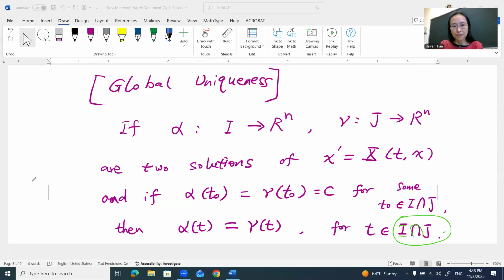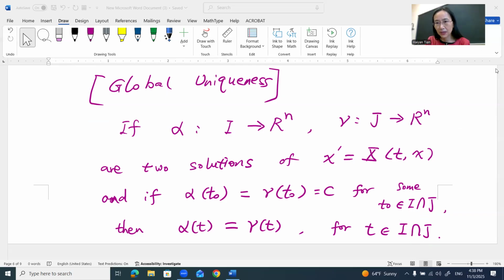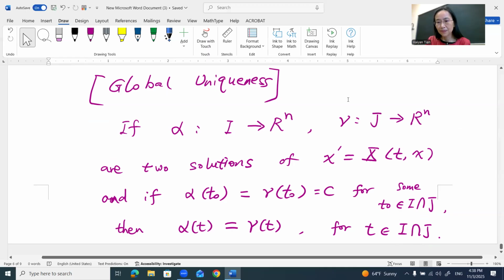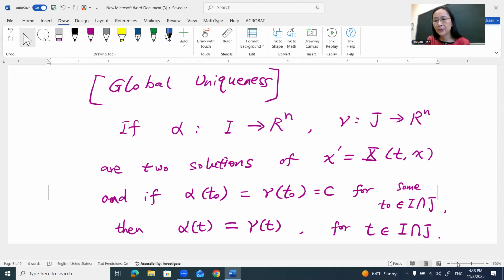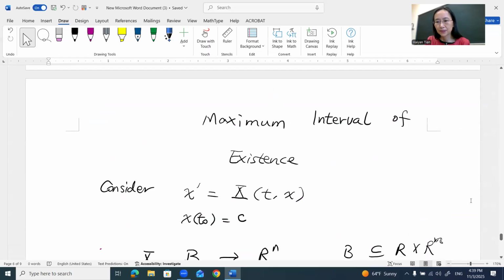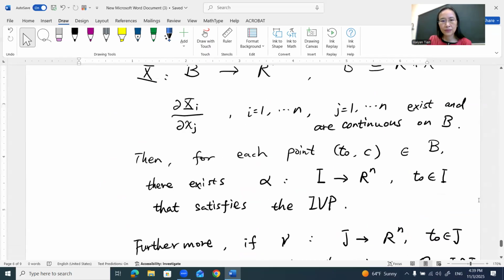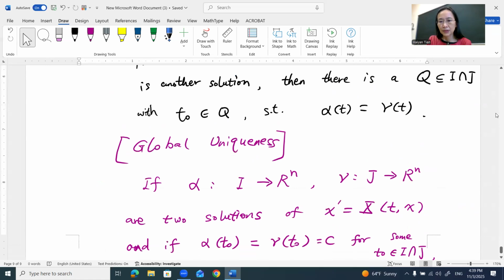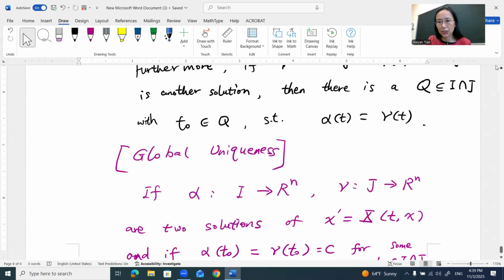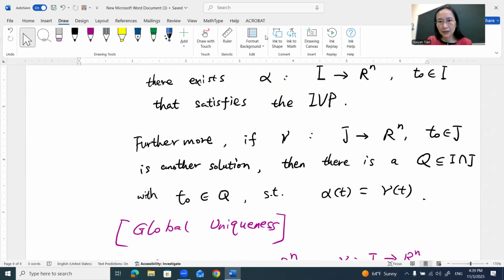So compare this global uniqueness. This version is stronger compared to the previous conclusion. The previous version is that there exists a small interval, which is a subset of I intersect J, on this interval Q, and they must be equal.